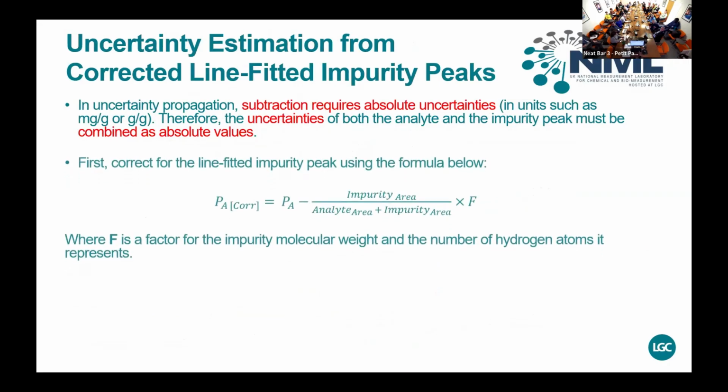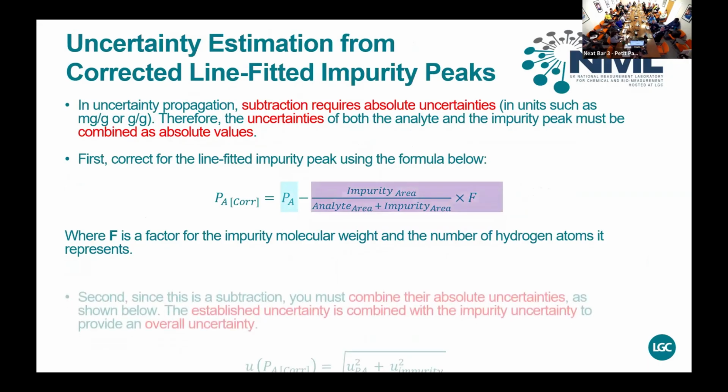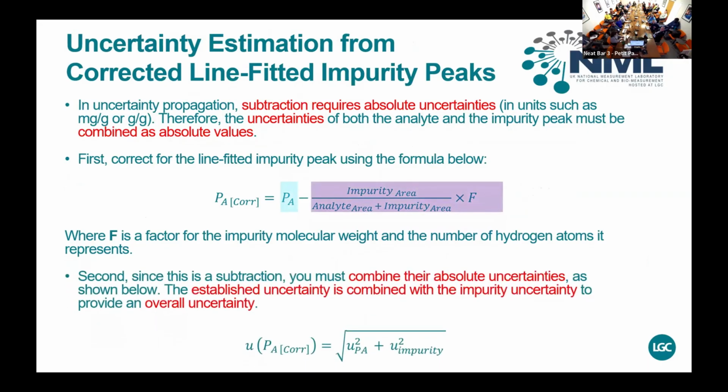So we then have to follow the formula shown on the screen. Take the line-fitted impurity away from your analyte, and then once you've got that, you can combine your established uncertainty with your impurity uncertainty separately to get your final uncertainty if you do the line-fitting correction.